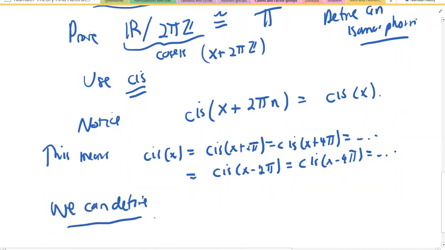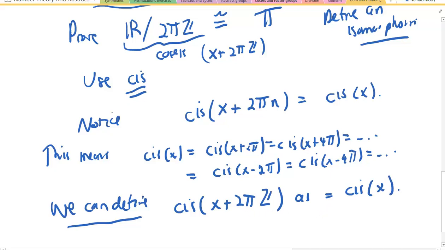We can define cis of x plus 2 pi z, which is the coset, as equal to cis of x. Okay, because this value of cis agrees for every point in the coset.